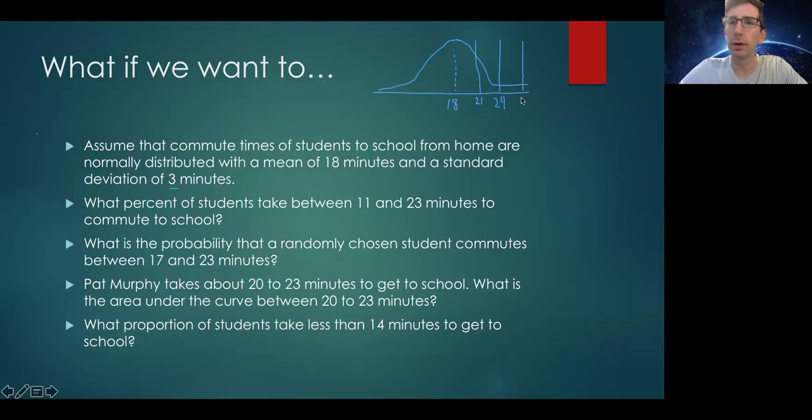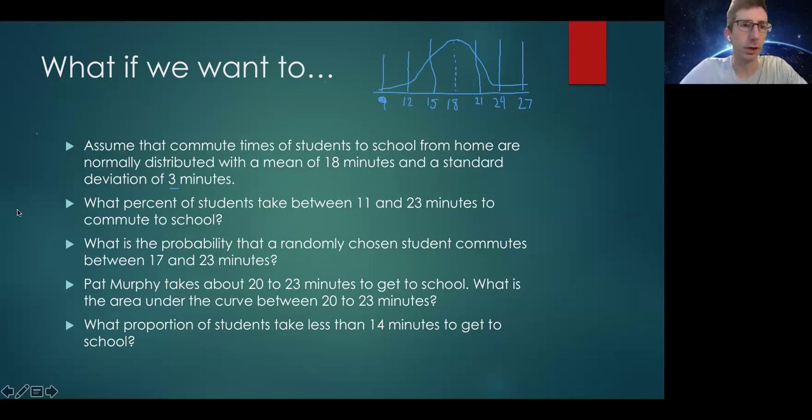And lastly, if we go 3 standard deviations away, we add 3 more to 24. We get 27. We do this again on the left. This time we subtract 3 from our mean to get 15. Subtract 3 more, we get 12, and 3 more to get 9. 3 standard deviations below, 3 standard deviations above.